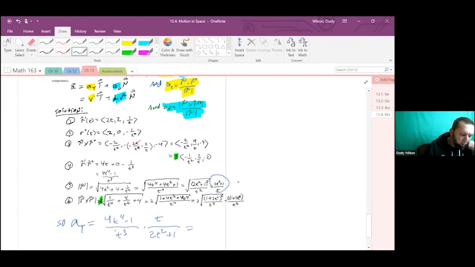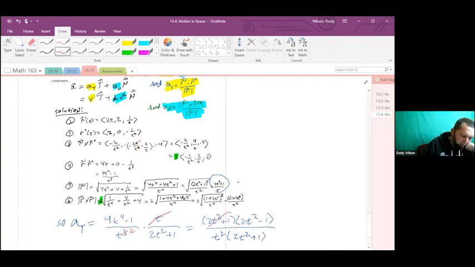4t to the fourth minus 1 itself is a perfect square. So that's like a 2t squared plus 1 times 2t squared minus 1. We could cancel a t here. And our denominator now would be t squared times 2t squared plus 1.